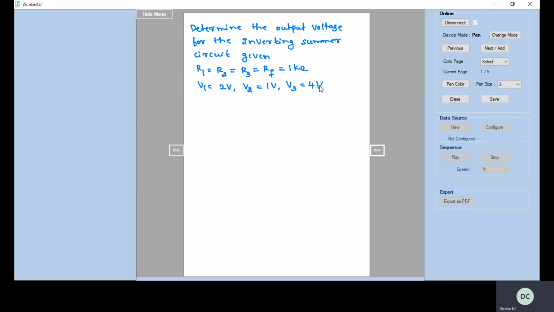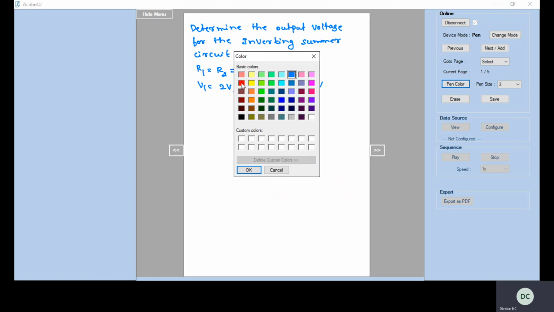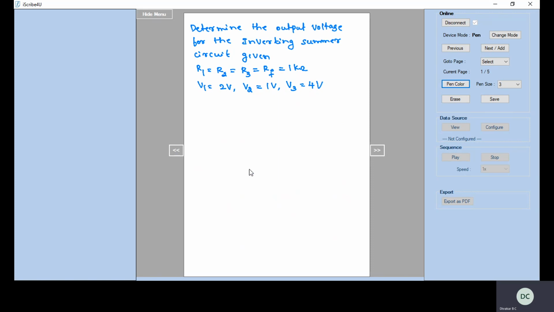Given it is a 3 input inverting summer circuit, the output voltage expression for the inverting summer is given by V0 is equal to minus of Rf by R1 into V1 plus Rf by R2 into V2 plus Rf by R3 into V3.